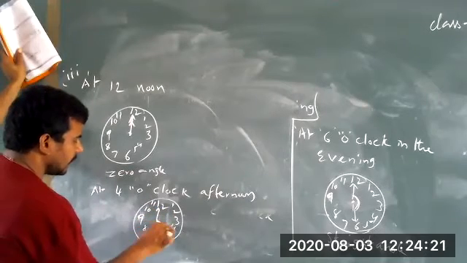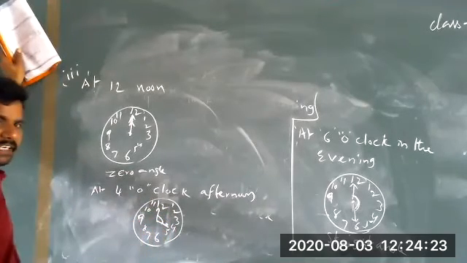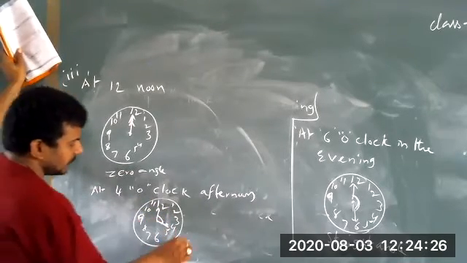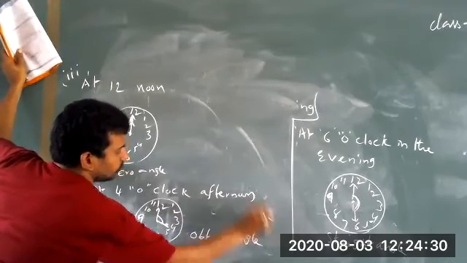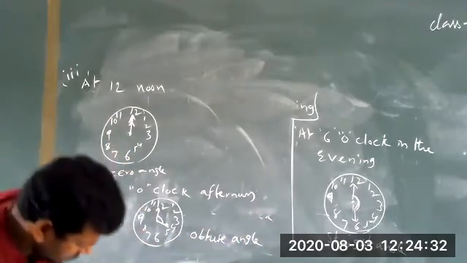So which angle, children? More than 90 degrees. It is an obtuse angle. Which angle, children? Obtuse angle.